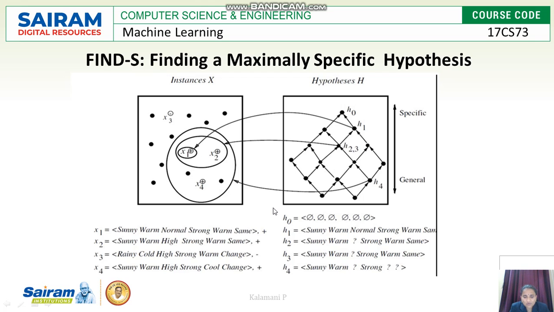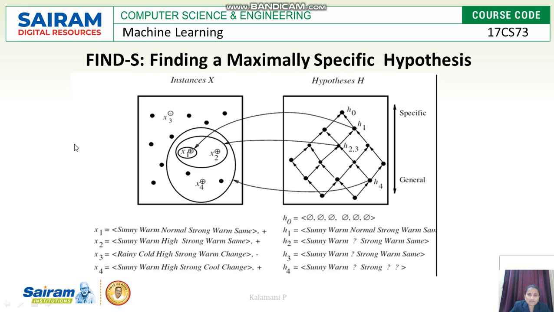Then from specific it moves towards the general hypothesis. H1 is general compared to h0. H2 is more general compared to h1. H3 is more general compared to h2, h1 and h0. And h4 is more general than h3.